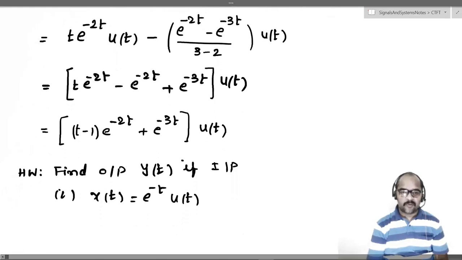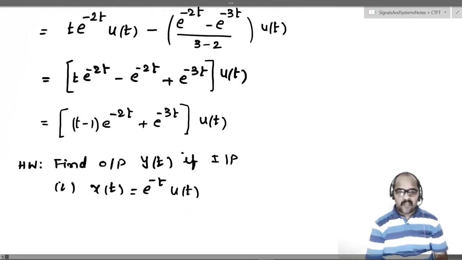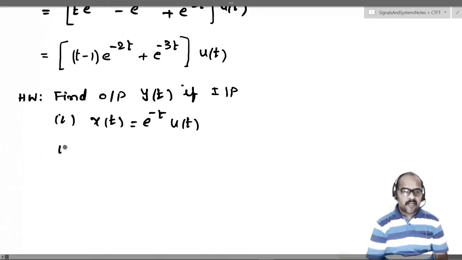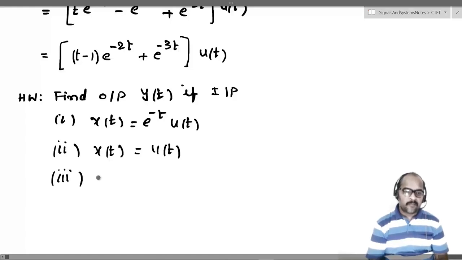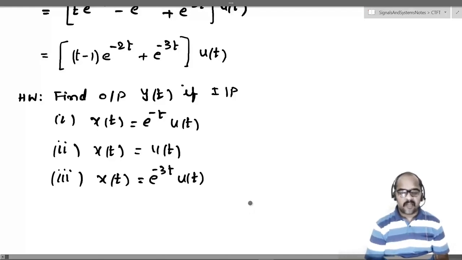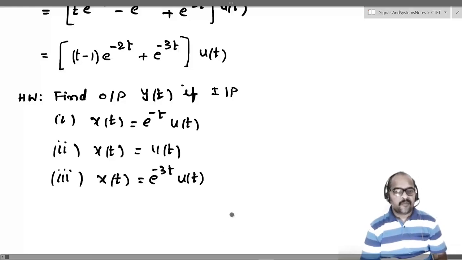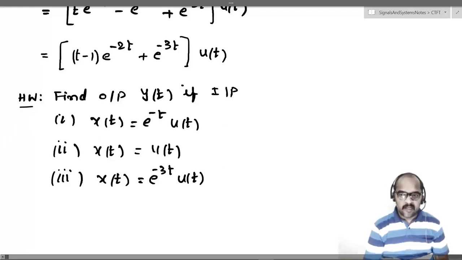Let me give the second one to be x of t equal to just u of t, and the third one let me give as x of t equal to e power minus 3t u of t. So we will take these three, finding the output of the LTI system for these three inputs, as homework. Okay, so please solve the homeworks, they will really help us.